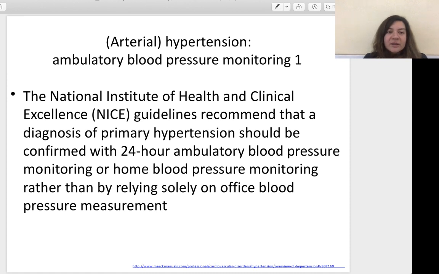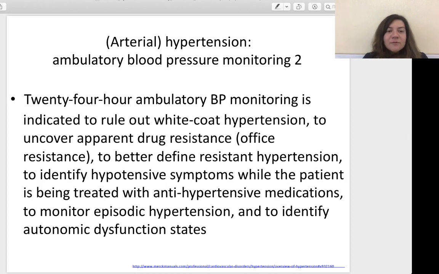The National Institute for Health and Clinical Excellence guidelines recommend that a diagnosis of primary hypertension should be confirmed with 24-hour ambulatory blood pressure monitoring or home blood pressure monitoring rather than relying solely on office blood pressure measurements. 24-hour ambulatory blood pressure monitoring is indicated to rule out white coat hypertension, to uncover apparent drug resistance, office resistance, to better define resistant hypertension, to identify hypotensive symptoms while the patient is being treated with antihypertensive medications, to monitor episodic hypertension, and to identify autonomic dysfunction states.